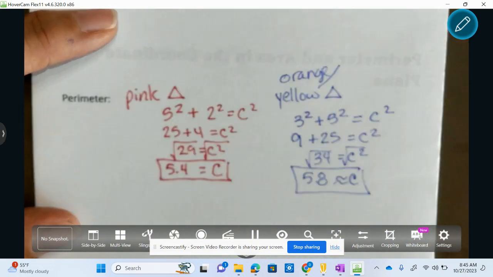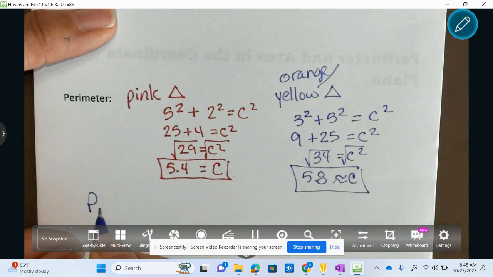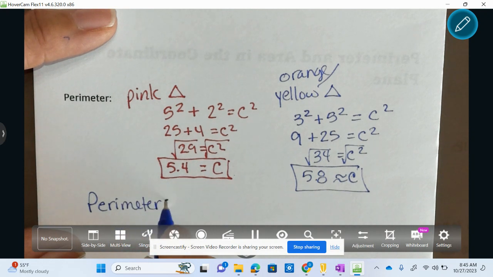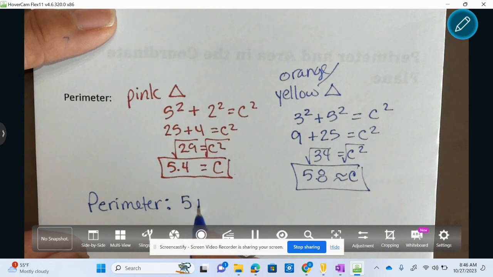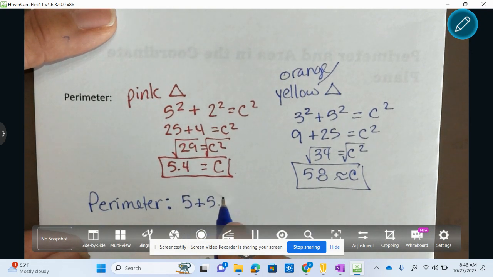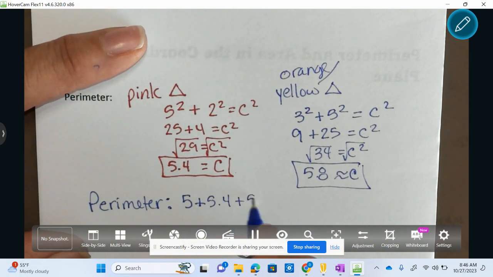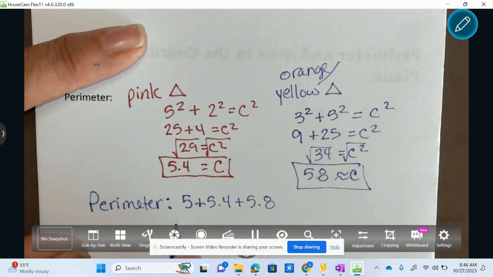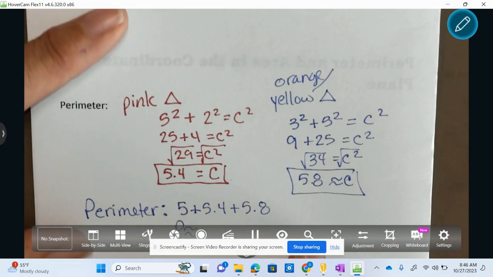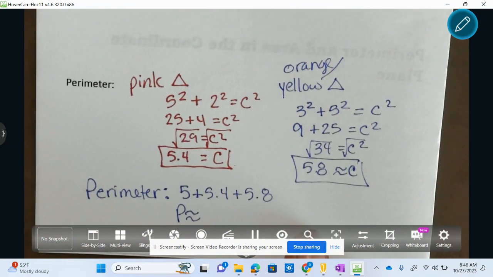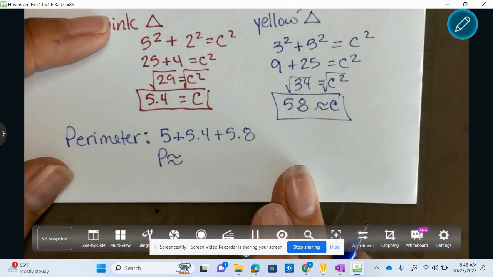So my perimeter is equivalent to 5, that was the base, plus the 2 legs that we just found, 5.4 and 5.8. So my perimeter is about, and I use an about sign because I rounded, right?